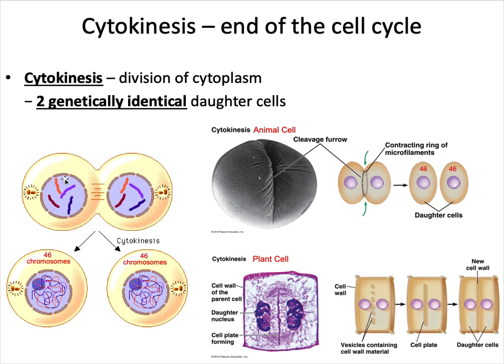So here we'll have 46 chromosomes for a total of 92 chromosomes in telophase. And then after cytokinesis, this daughter cell will have 46 chromosomes, and this daughter cell will have 46 chromosomes that will be genetically identical to each other.